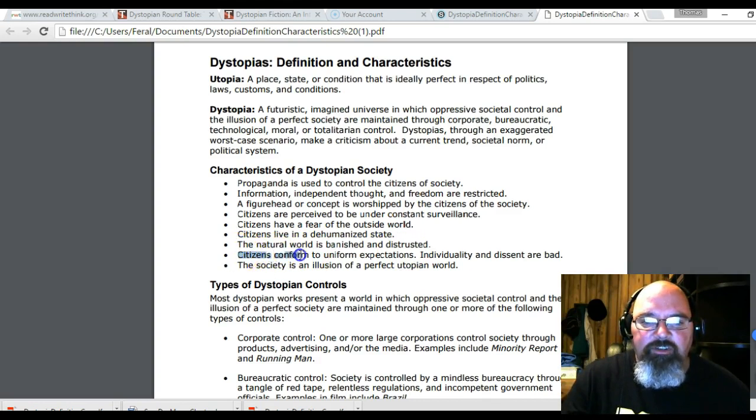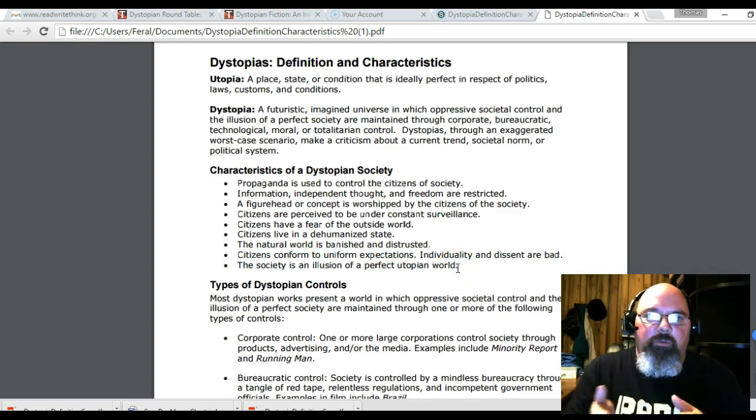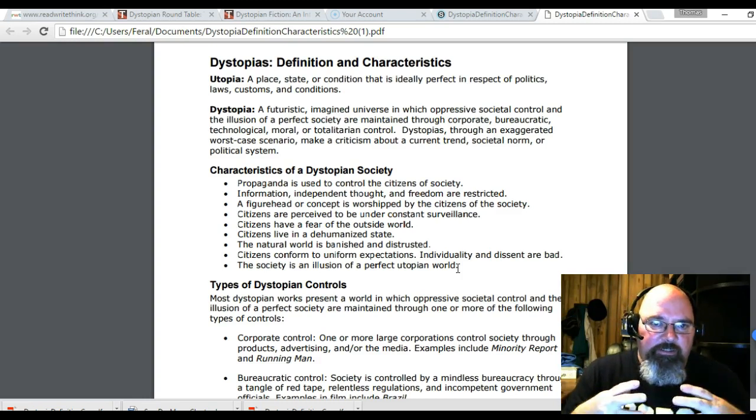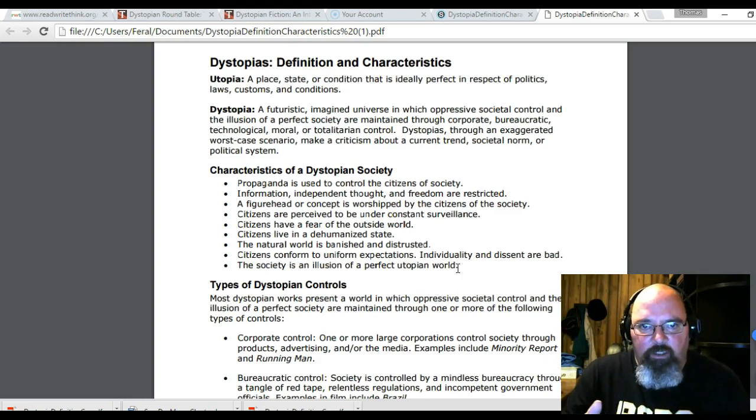And then we have citizens conform to uniform expectations, and individuality is bad. Okay, what do we see within Divergent? We see that individuality is bad. They have to be one thing or another. They have to be Erudite, or they have to be, I can't remember the name of each one of those.